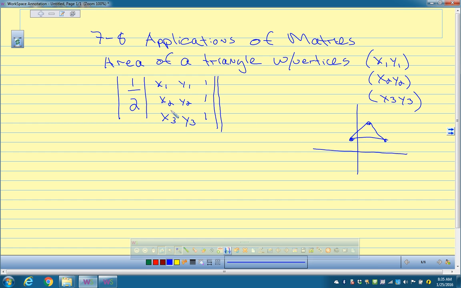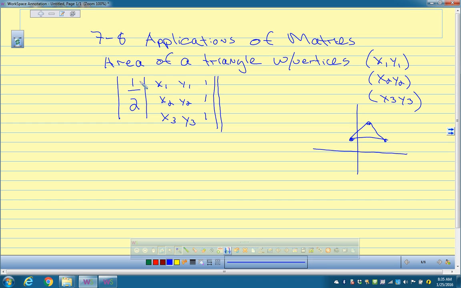If you found this quantity right here, the determinant, you come up with some number. That number may be either negative or positive, okay? It would represent the area of a parallelogram or rectangle made by continuing this, except it might be negative.